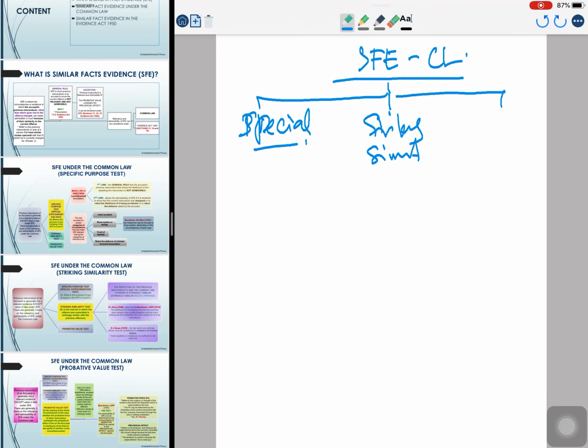And the last one, the relevancy of evidence under the common law position, can be looked at through the Boardman test, that is the probative value in Boardman's test. So in our next video, I am going to discuss with you the position of similar facts evidence under the common law.